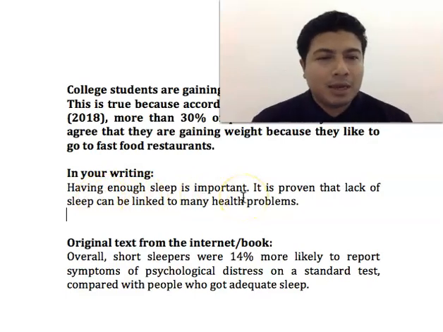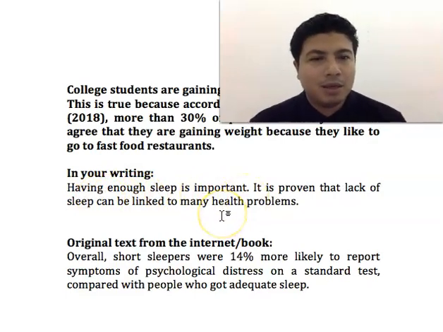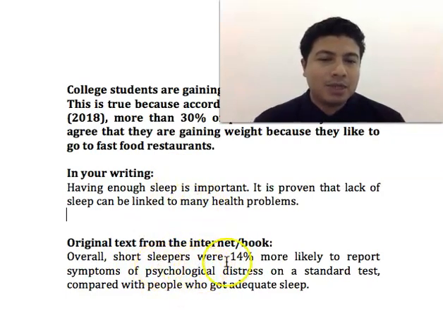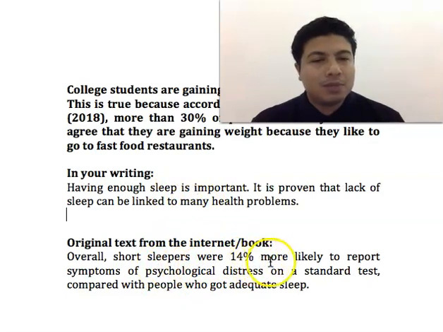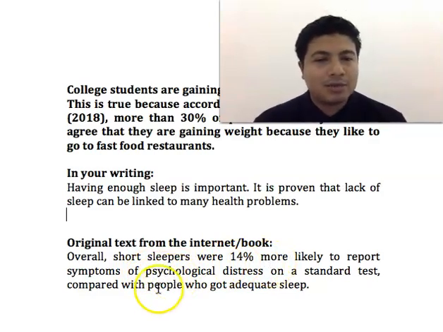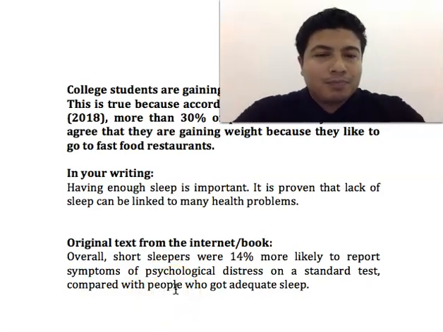It is proven that lack of sleep can be linked to many health problems. So this is what I got from the internet just now. It says that it supports what I say, because it says that people who sleep less were 14% more likely to report symptoms of psychological distress on a standard test compared with people who got adequate sleep.